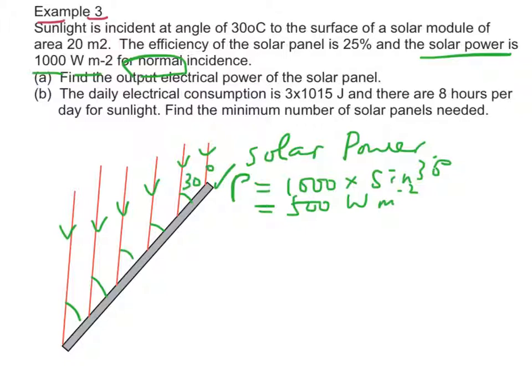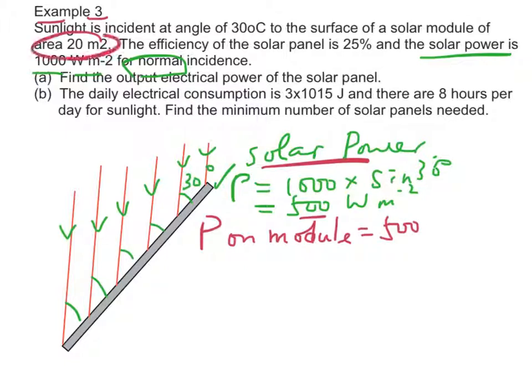Therefore, the solar power on the module is equal to 500 times the area of the module, 20, which is equal to 10 to the power 4 watts.